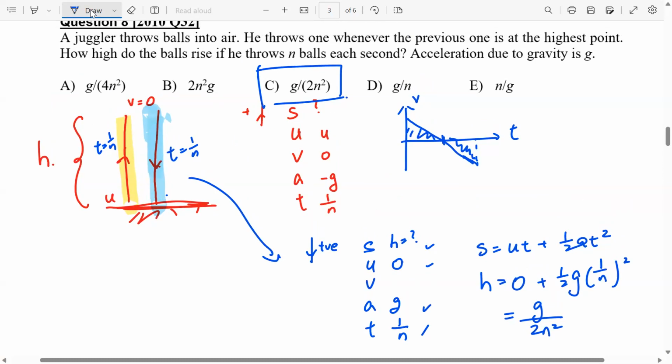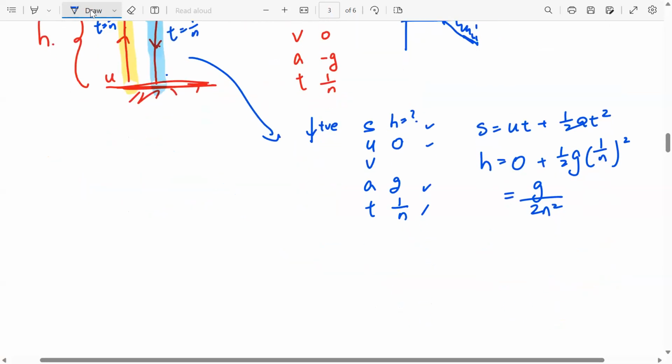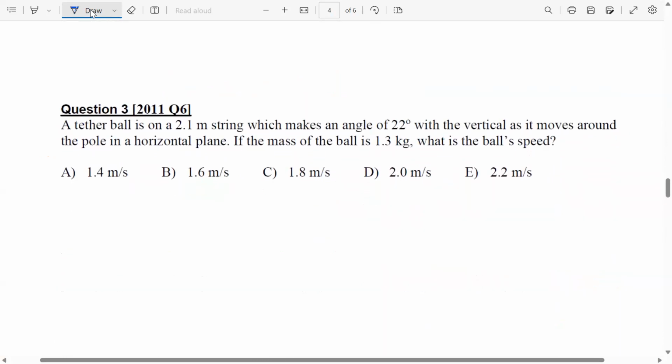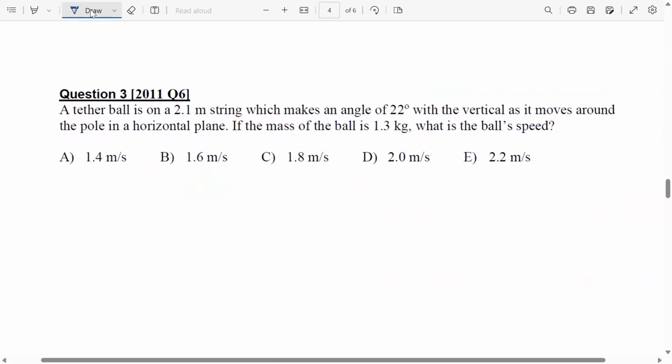Okay, so now let's move on to the next question, on circular motion. A tether ball is on a 2.1 meter string and makes an angle of 22 degrees with the vertical as it moves around the pole in a horizontal plane.